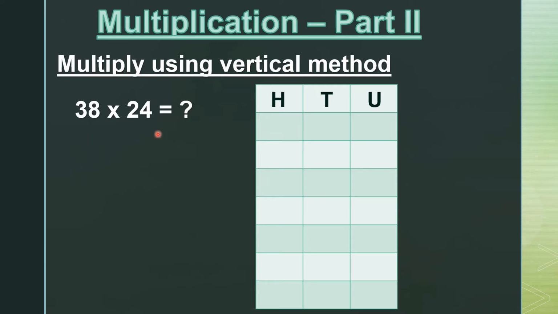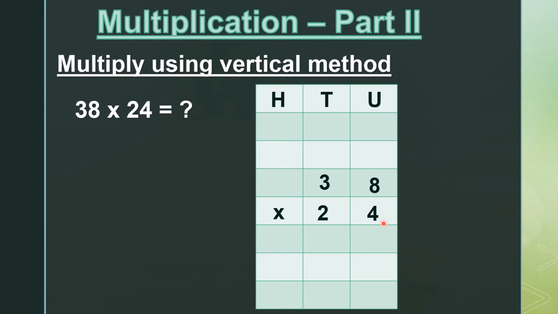Since we are multiplying by a 2-digit number, we have to leave 2 rows to write carry forwarded numbers. Now here we write our question, that is 38 multiplied by 24, with the multiplication sign.